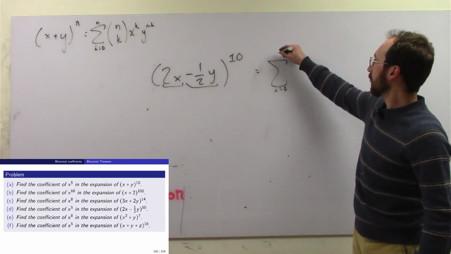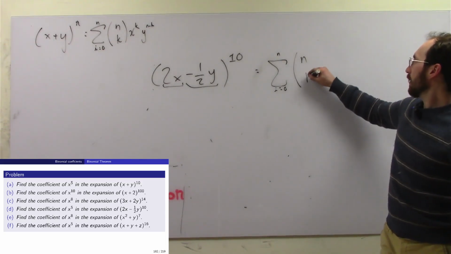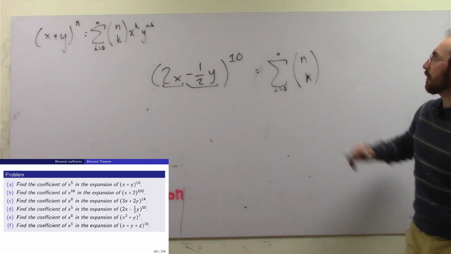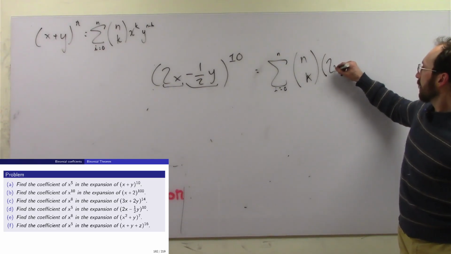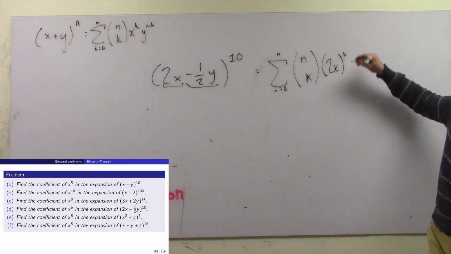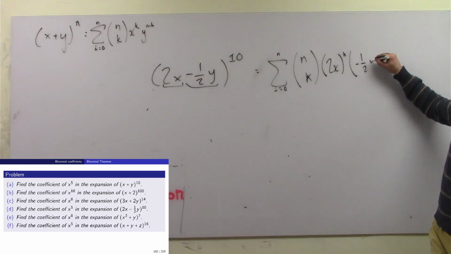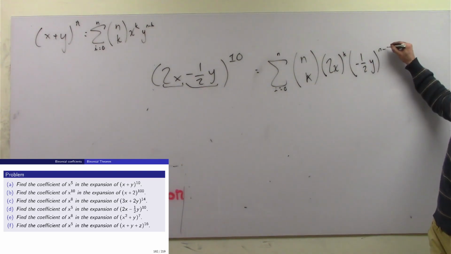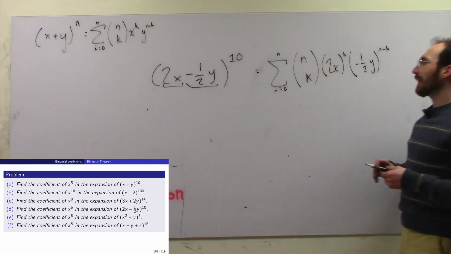Everything will stay the same until we get to our x and y here. What we'll have is 2x to the k, and then minus 1/2 y to the n minus k.